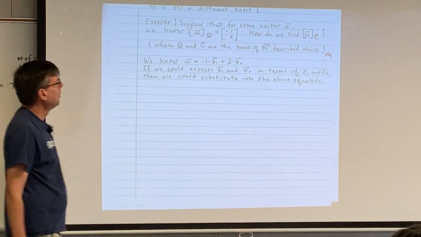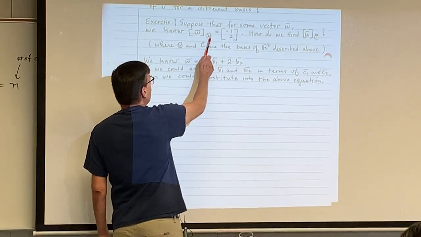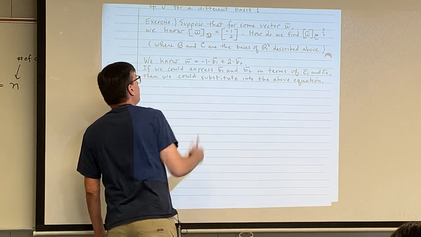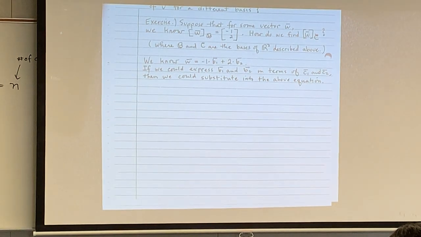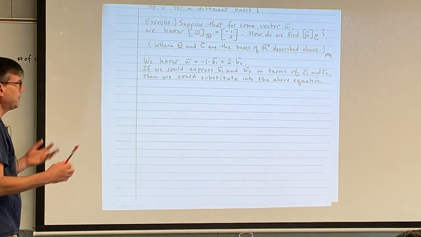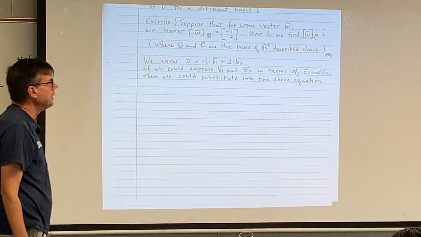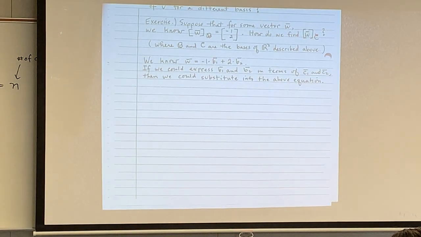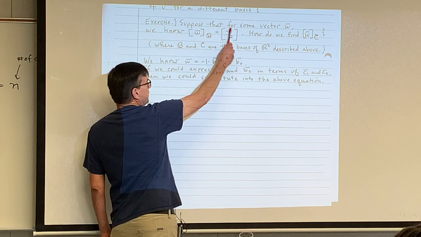Suppose that for some vector W, we know the B basis coordinates of W are -1, 2. How do we find the C basis coordinates? We're still in R2, and B and C are the same bases of R2 described above. So we have to know how to interpret this notation.